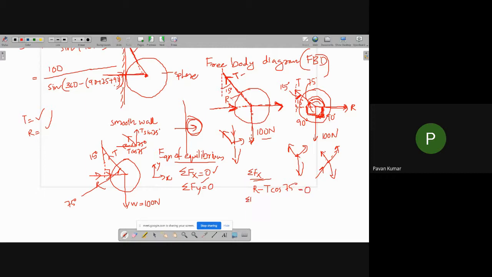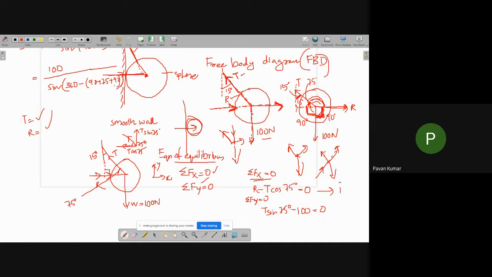Now we have to find sigma Fy. For sigma Fy, the T component, T sin 75, is going towards the positive y. For R there won't be any y component because it is along the x-axis. Now there is W, which is going downwards, so it is minus 100, equal to 0.